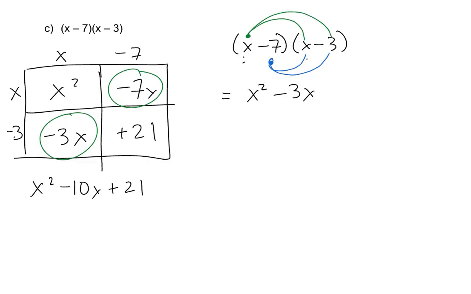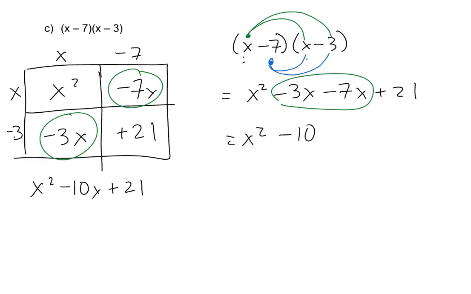So when I do that, I'm going to say negative 7 times x is minus 7x. Negative 7 times negative 3 is going to be positive 21. So I'm going to collect my like terms, which instead of in two boxes, I just have right side by side each other here. I'm going to say x squared minus 10x plus 21.